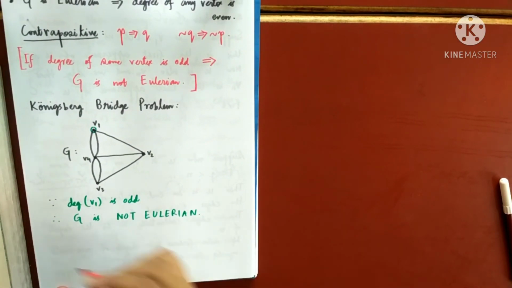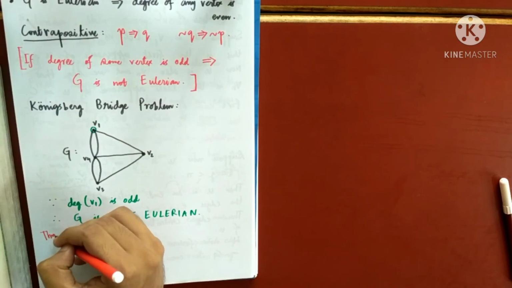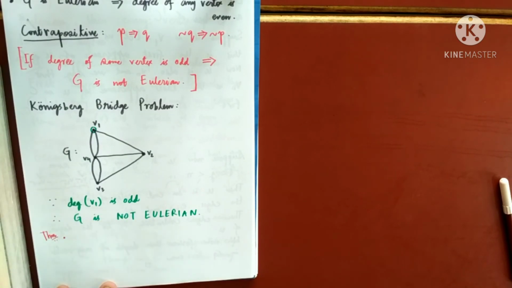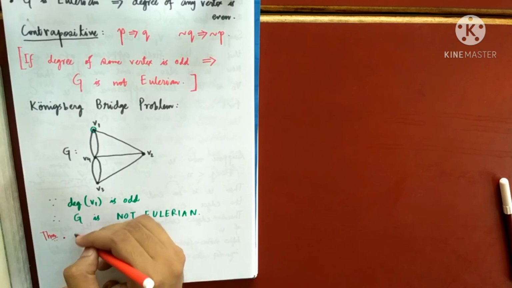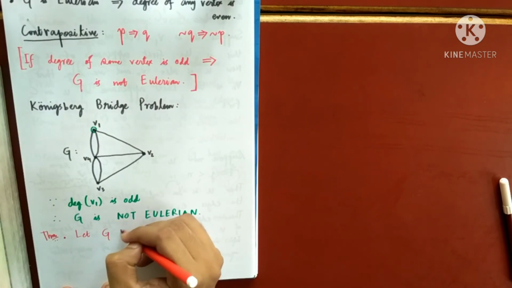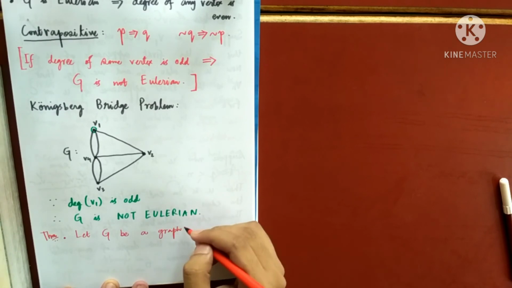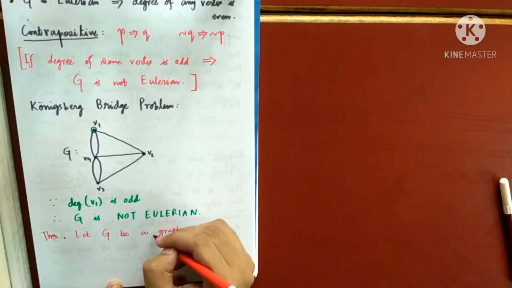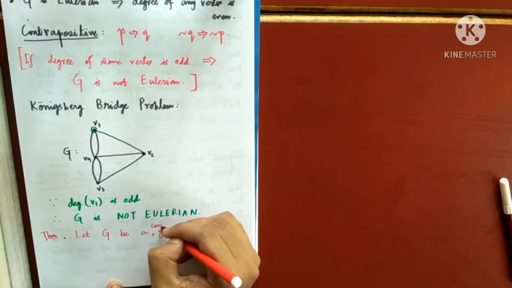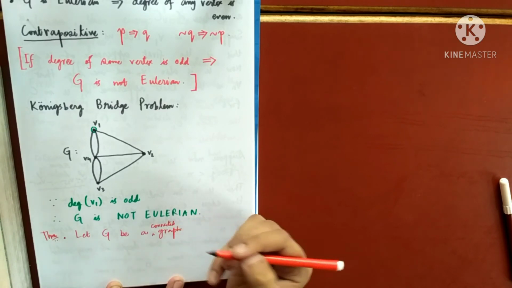So you see, I have got a necessary and sufficient condition to be Eulerian. So what is the theorem? Let G be a connected graph. Connected is definitely important while studying Eulerian graphs.